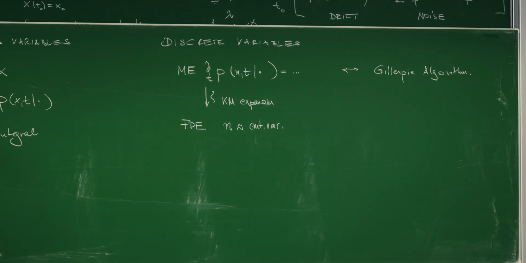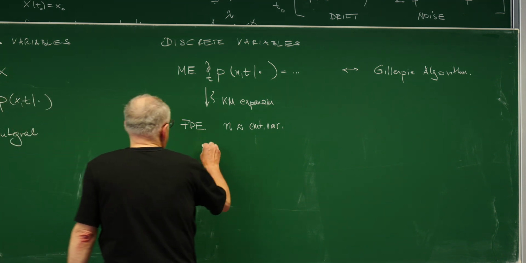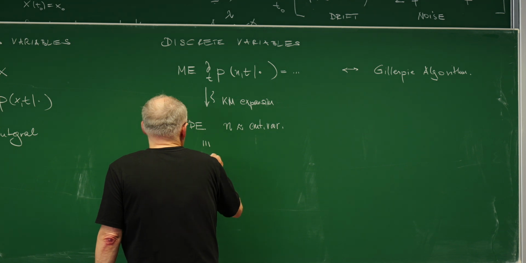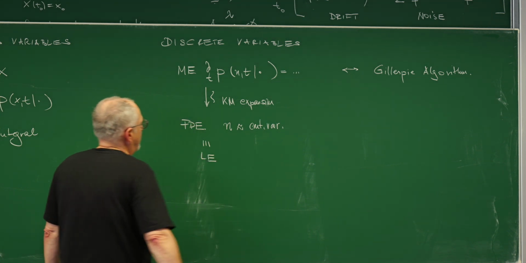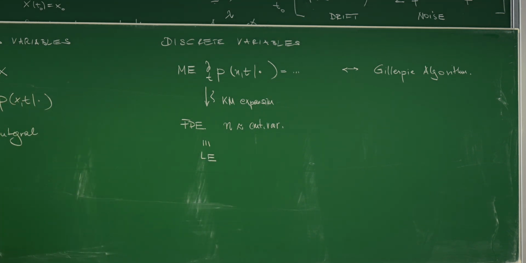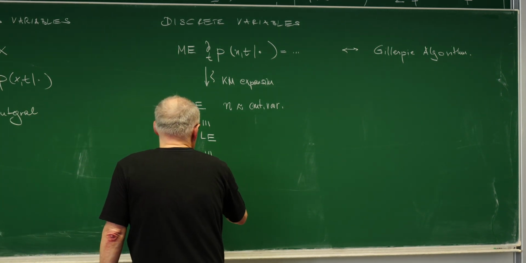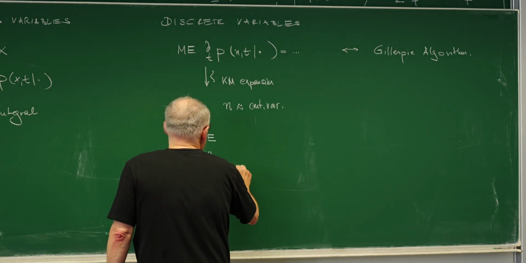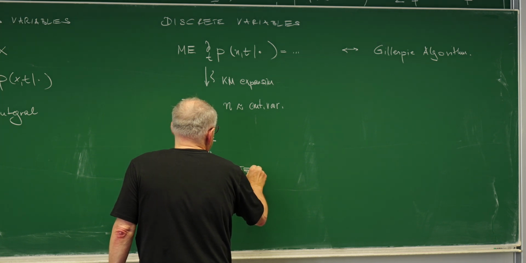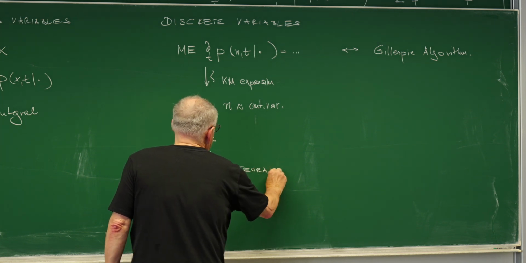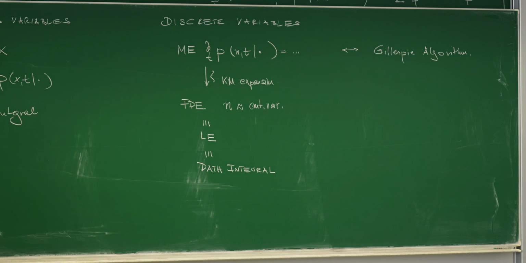And this is not exact. So once you're there, of course, you know that this is identical to a Langevin equation, and this is identical to a path integral. Because you know that, right?